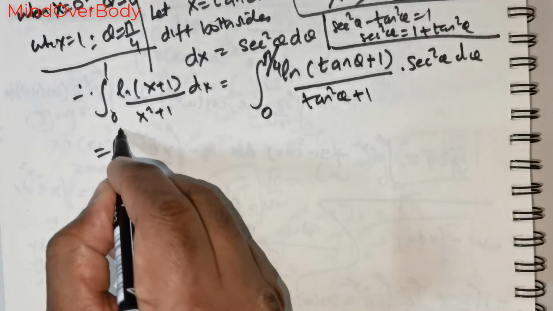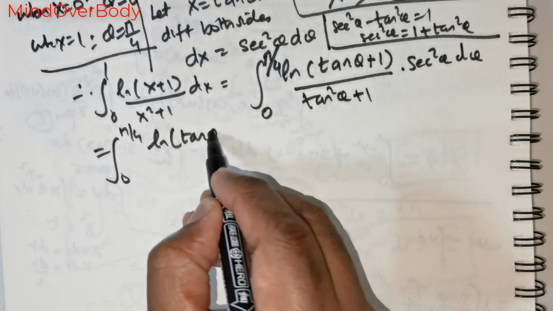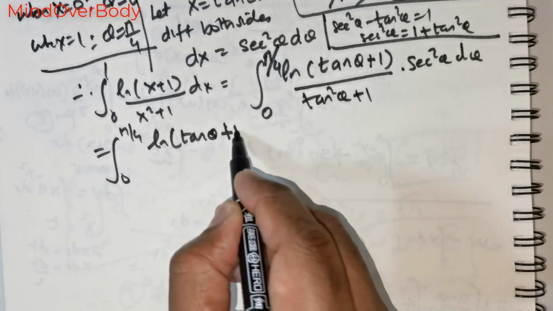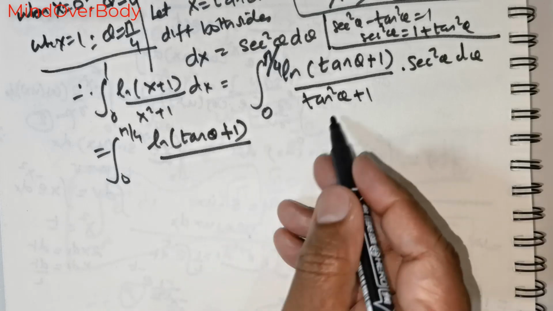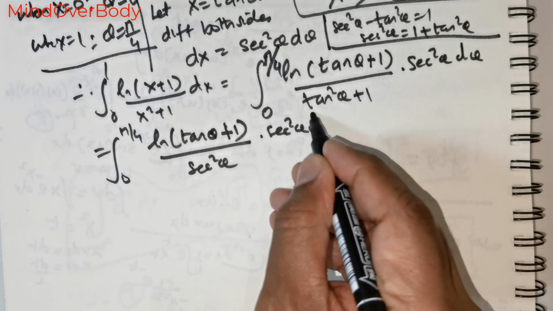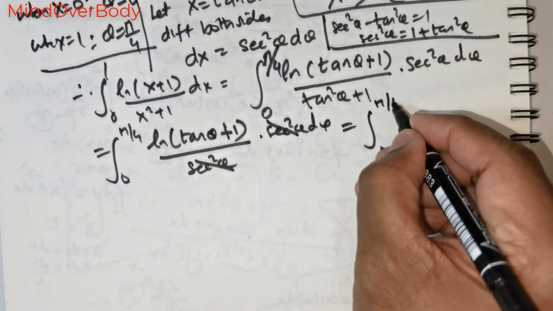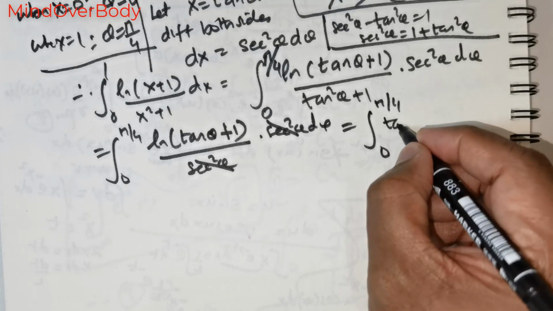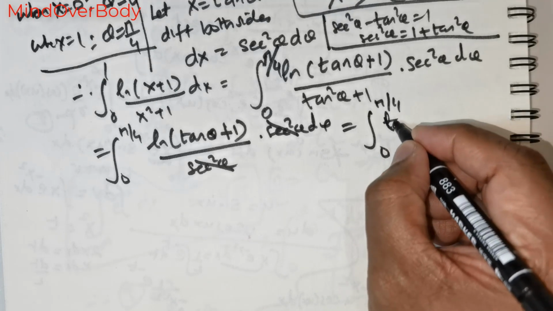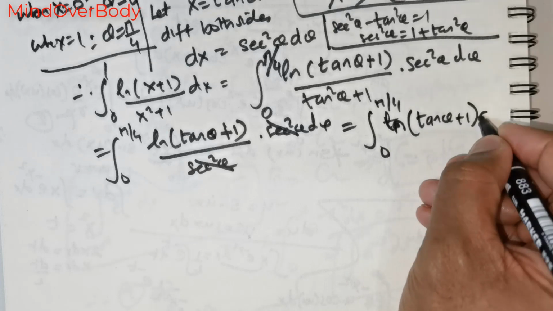So this is equal to integral 0 to pi over 4 ln of (tan theta + 1) over secant squared theta, and over here I get secant squared theta d theta. Now secant squared theta gets cancelled, giving me 0 to pi over 4 ln of (tan theta + 1) d theta.